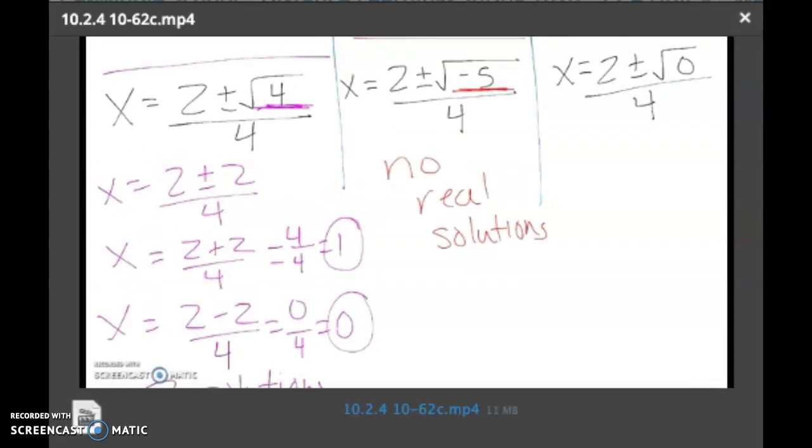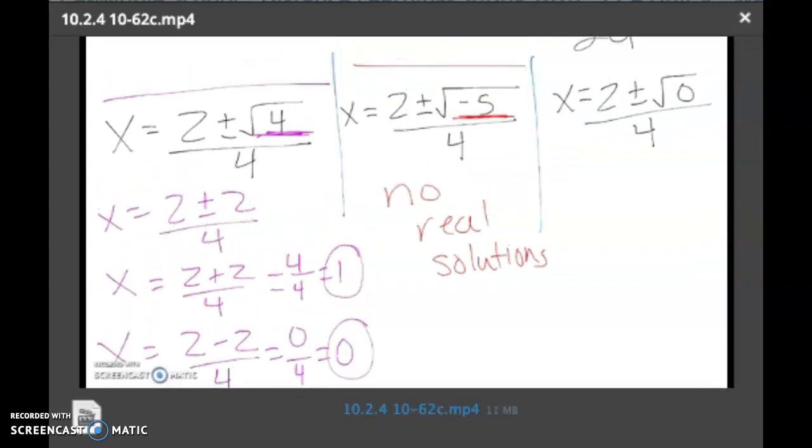And let's take a look at the third case we might get. So if we went through, put our numbers into the quadratic formula, and we got this, 2 plus or minus the square root of 0 divided by 4. So if I were to keep solving that, there is no plus or minus square root of 0. There's just 0, right? On a number line, you just have 1 0.